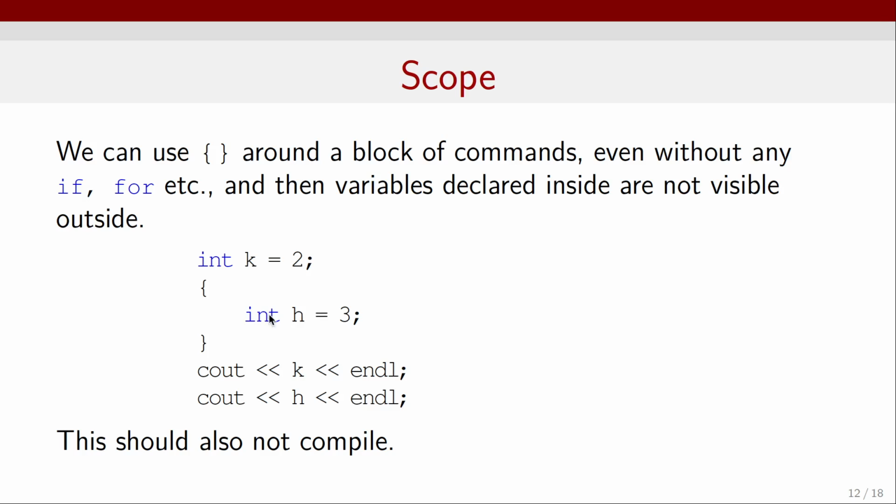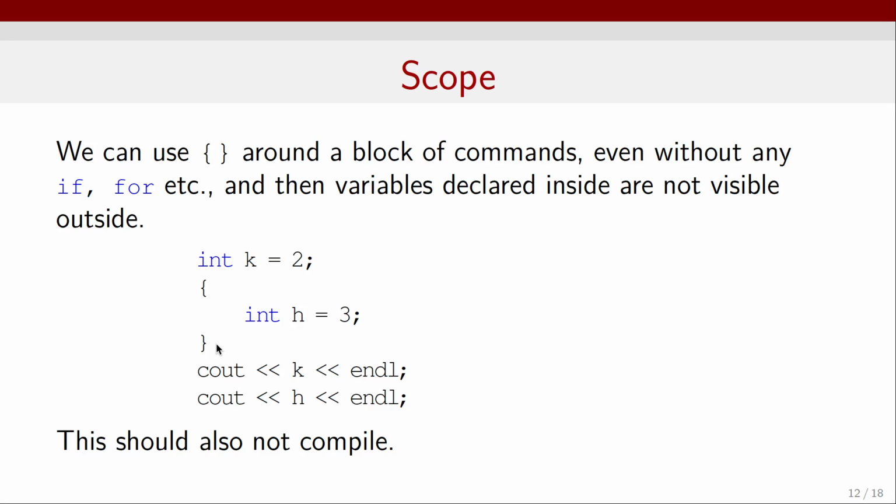If I enclose this integer h equals 3 statement inside braces, and then I try to print its value to the screen, the code will not compile. The code can only access this declaration, the integer k that has been declared for the whole program. But the integer h that has been declared inside those braces is only accessible in this part of the program.